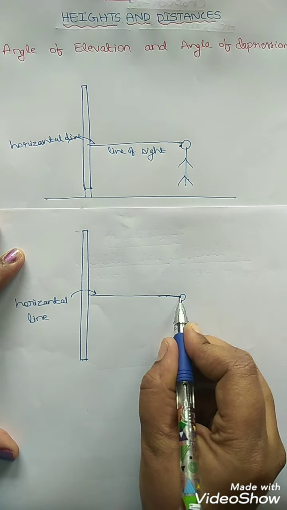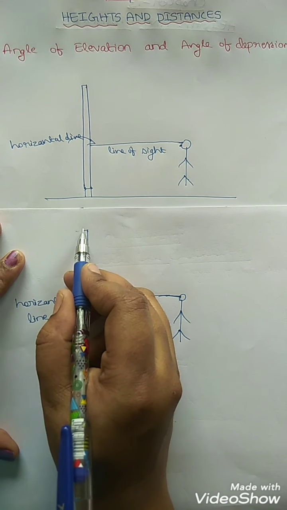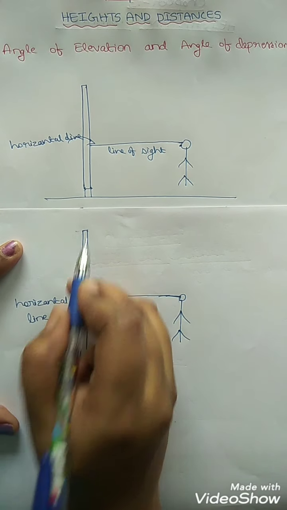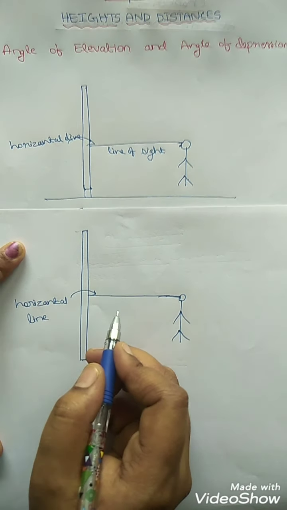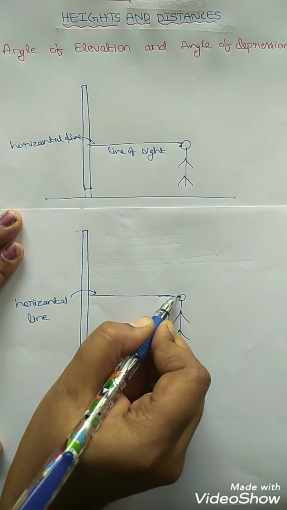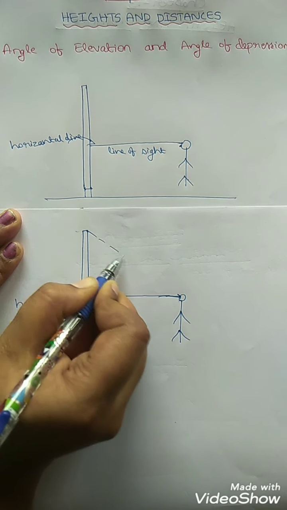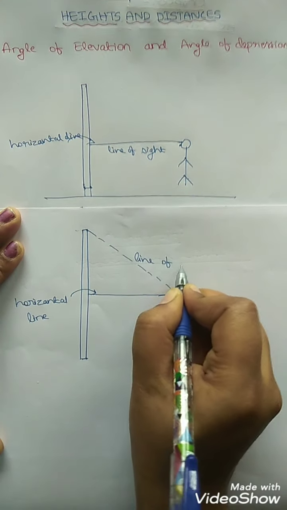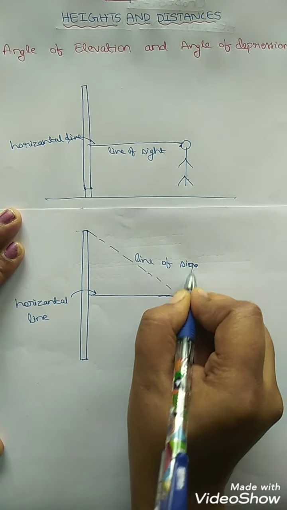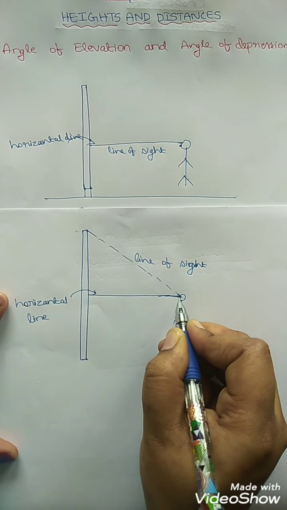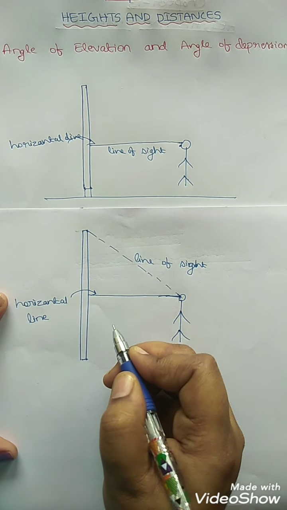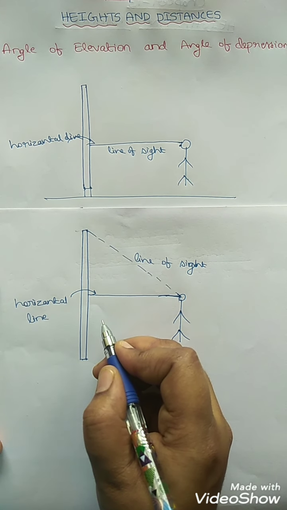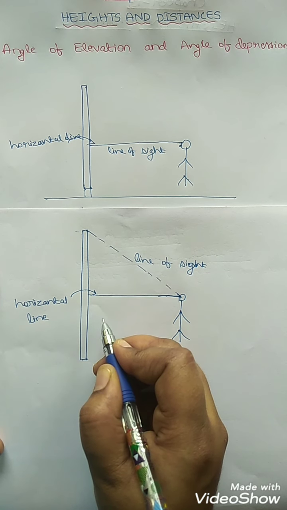If a person is looking at the top of a pole, then the line joining the eye to the top of the pole will be the line of sight.